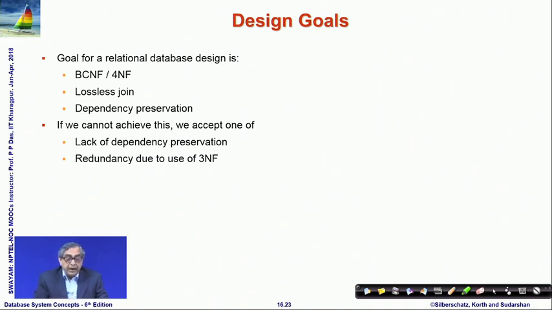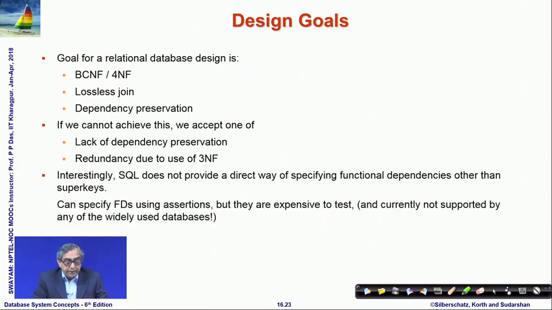So, the ideal would be a decomposition in BCNF and 4NF, lossless join and dependency preservation, which may not be achievable. If I cannot achieve that, then I have to sacrifice dependency preservation, so dependencies will have to be checked using natural join, or I will allow a little bit of redundancy and use the third normal form where I have the guarantee.